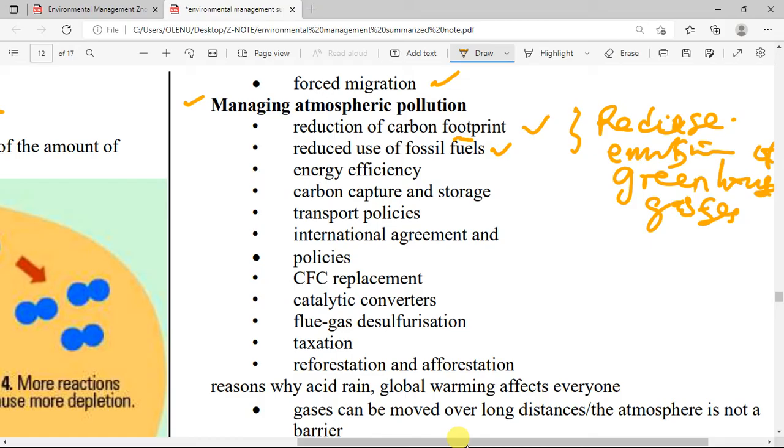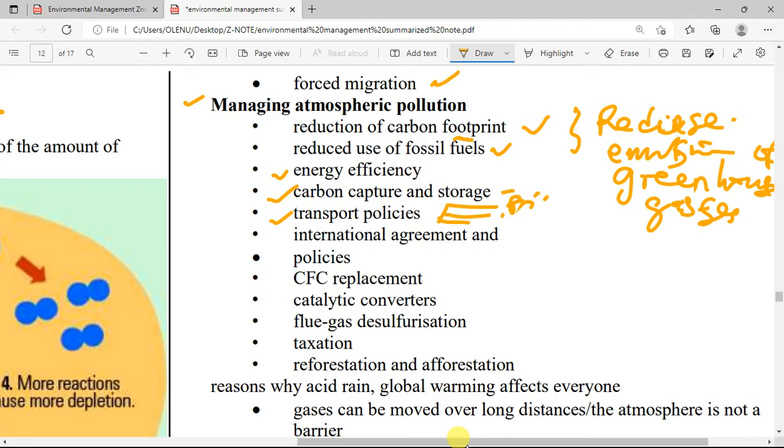You can use cars that have catalytic converters, energy efficiency, carbon capture and storage. You come up with transport policies which will help to reduce the use of private cars.